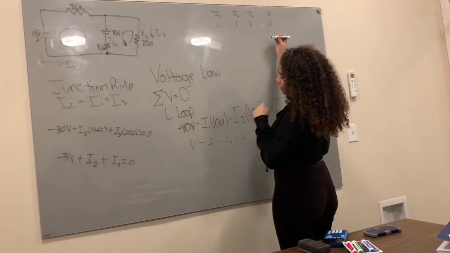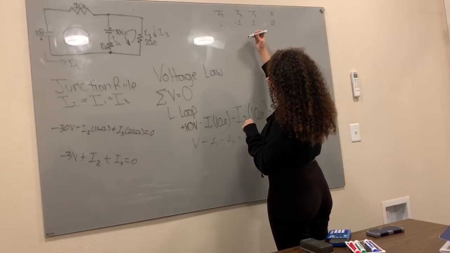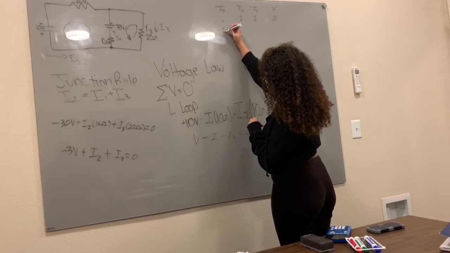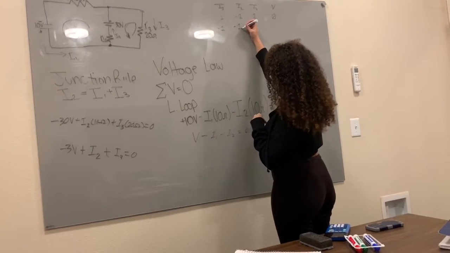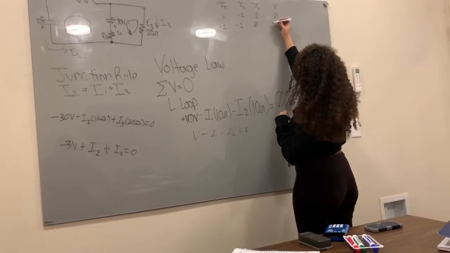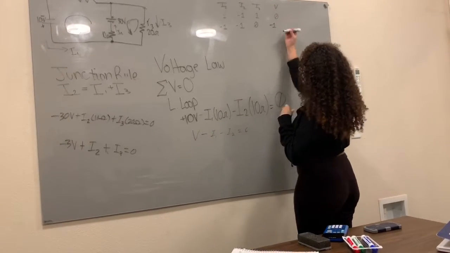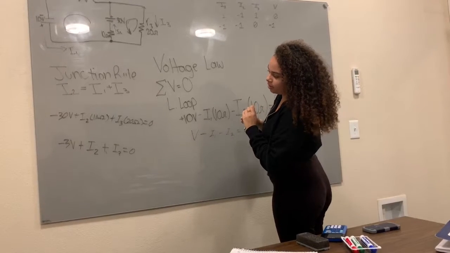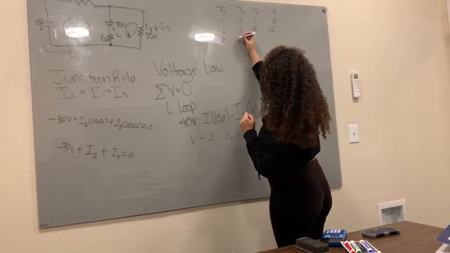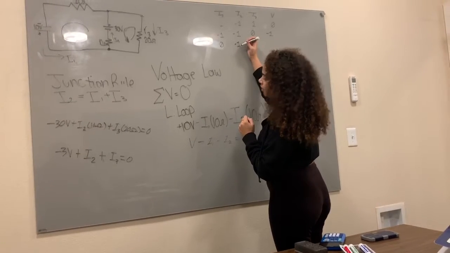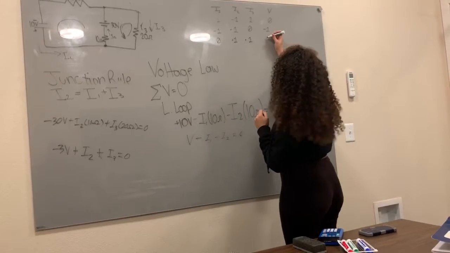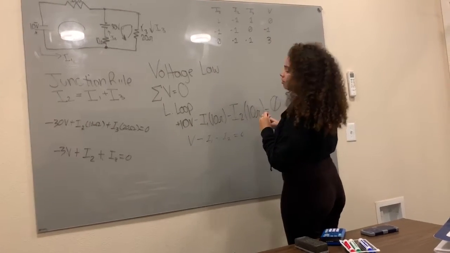And for the left loop, we have a negative 1 for I1, a negative 1 for I2, there is no I3, and a negative 1 for the voltage. And for the right loop, we have no I1, a positive 1 for I2, and a positive 1 for I3, and a positive 3 for the voltage.